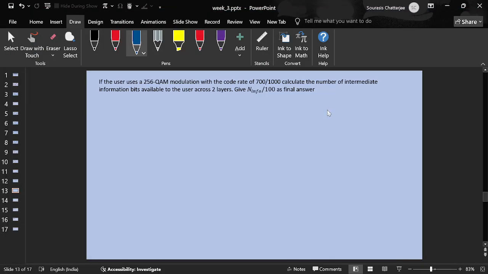Anyone would like to volunteer? How should I proceed? I have the number of resource elements available. We have already obtained 114 times 110. What do I need to do on top of that to get the number of information bits?